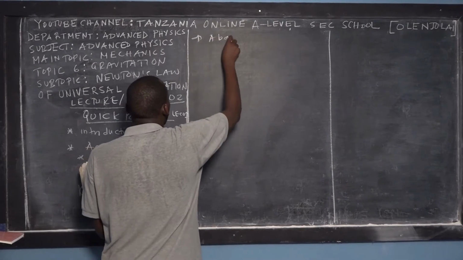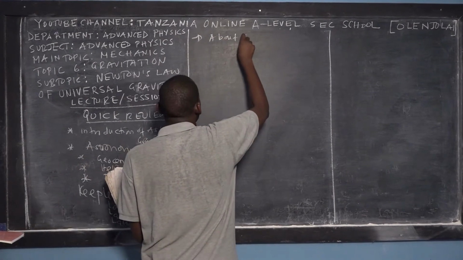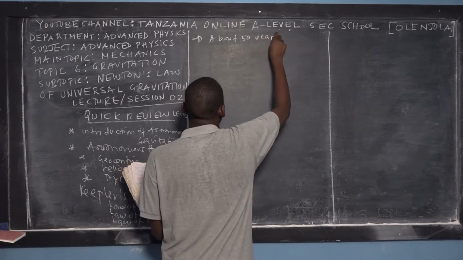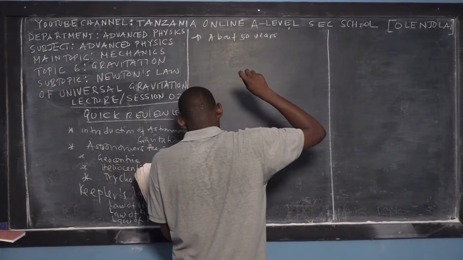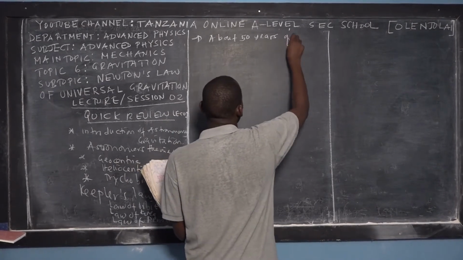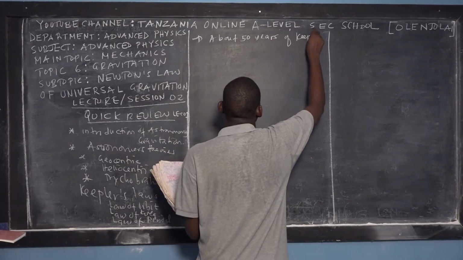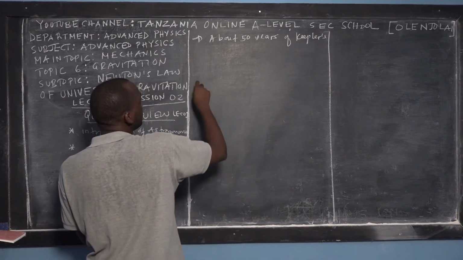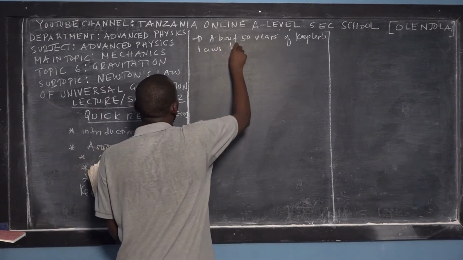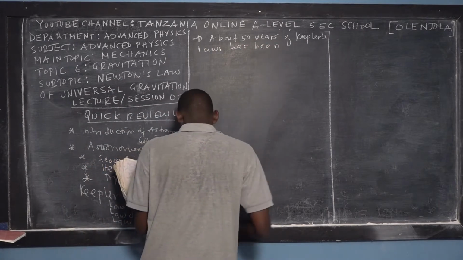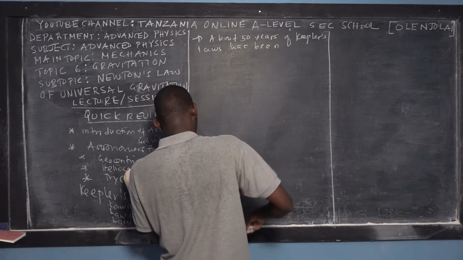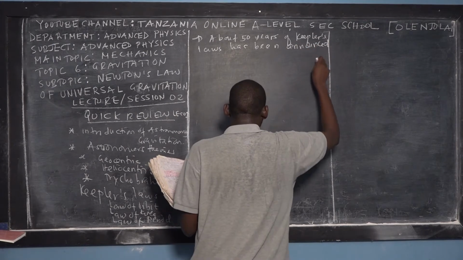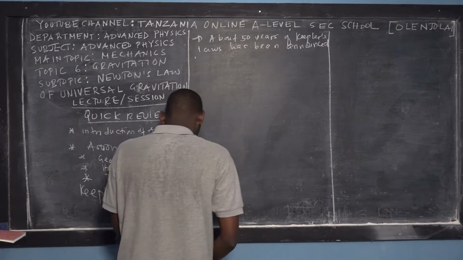We say that about 50 years after Kepler's laws, I want to write this sentence because I want to link, Kepler's laws had been announced. So Newton was there, and then he was quiet.